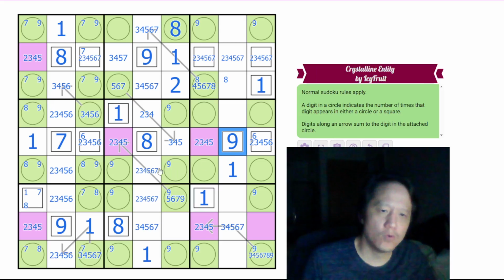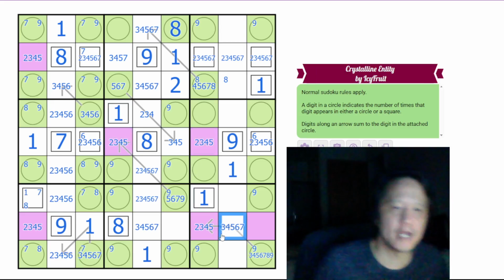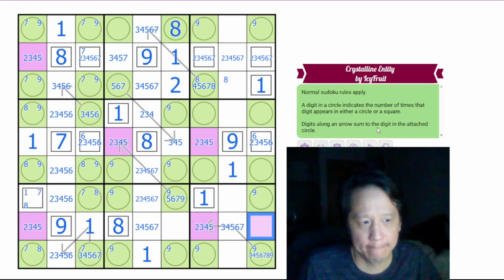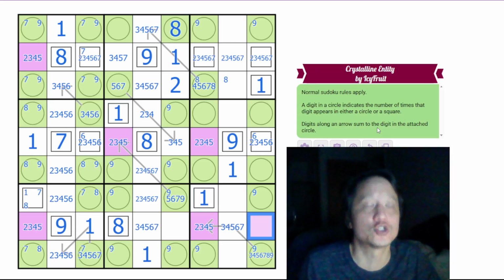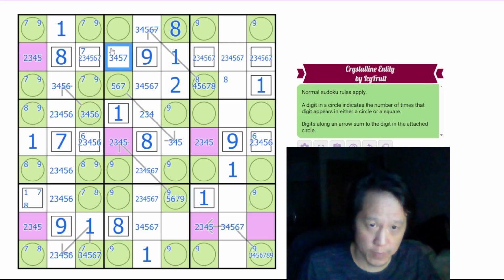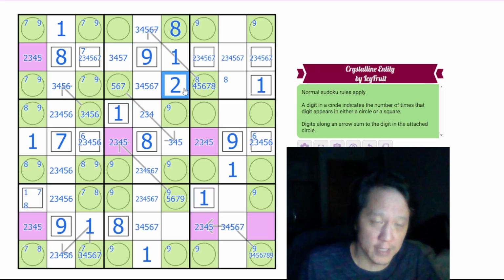So, where can the 2 be if it's not in a circle or square? This cannot be a 2 anymore because that is a 2. So this is the only viable option. These are viable options, and this is a viable option.